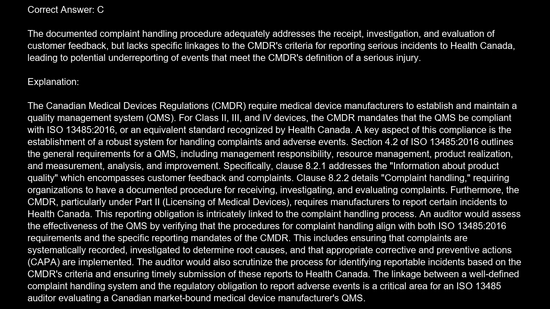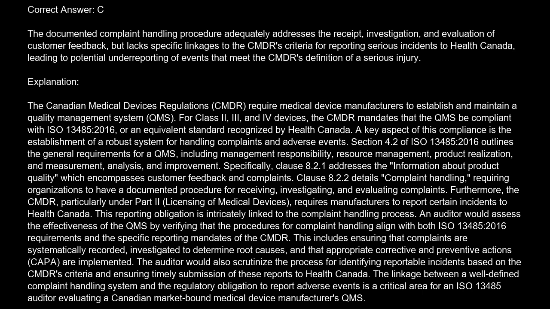A key aspect of this compliance is the establishment of a robust system for handling complaints and adverse events. Section 4.2 of ISO 13485-2016 outlines the general requirements for a QMS, including management responsibility, resource management, product realization and measurement, analysis and improvement.